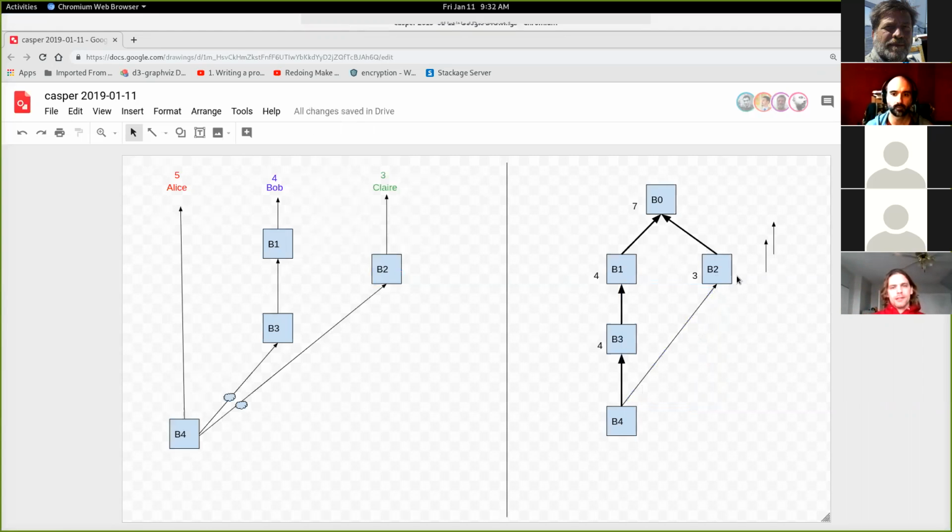Is it different in the code? Does it matter? That's a good question. I don't know the answer to that, in terms of ordering or something. Because either way, B4 will be the fork choice.